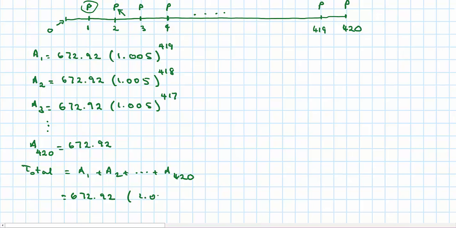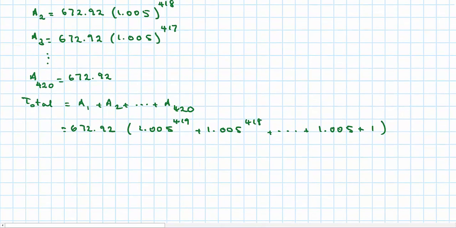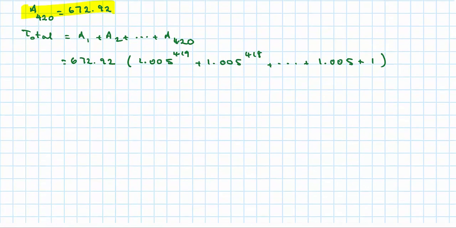Then I have 1.005 to 419, 418, and so on. 1.005 is the second last term, and 1 is the last term, which comes from this A420. If I take $672.92 out as a factor, I've just got 1. So this is what we write now.